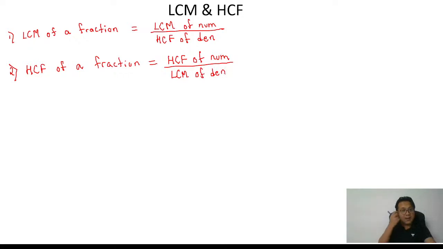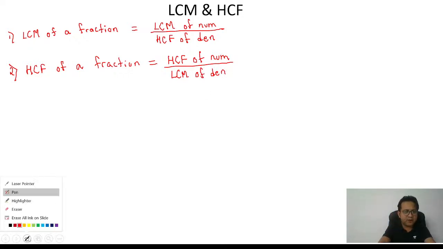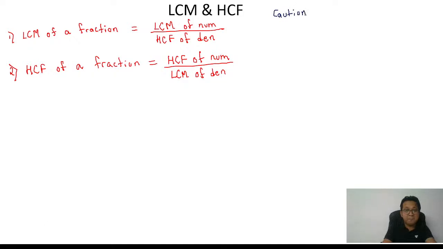Yes. Just a word of caution where students often go wrong. The caution is you have to have them first in simplest form. For example, if I ask you the LCM of 4 by 9, 3 by 6, and let's say 7 by 15, just be careful.